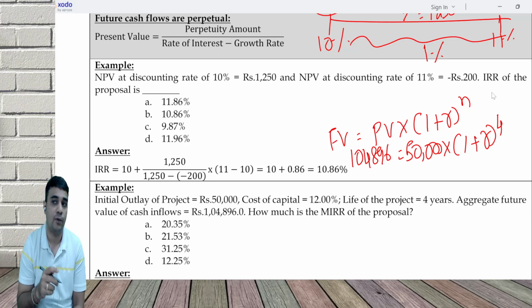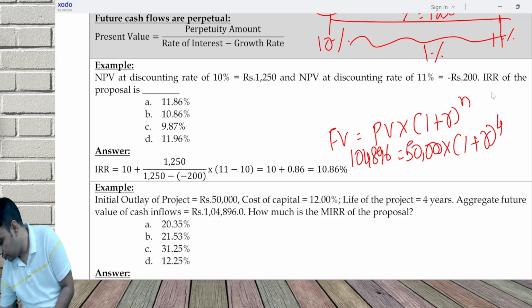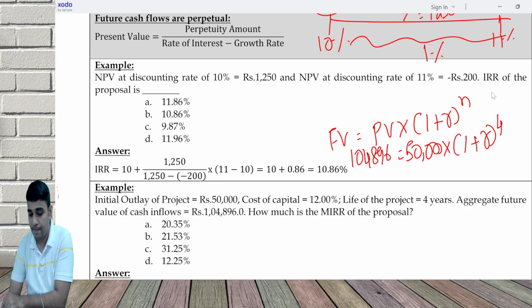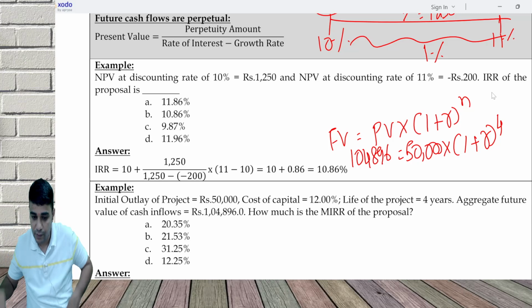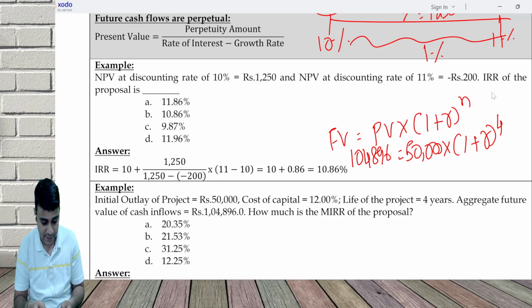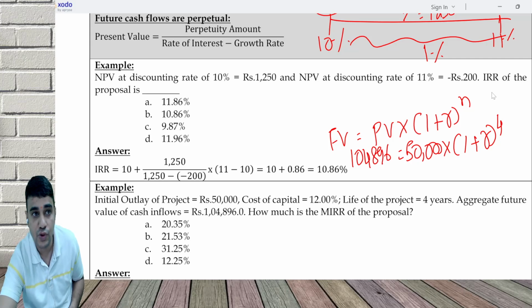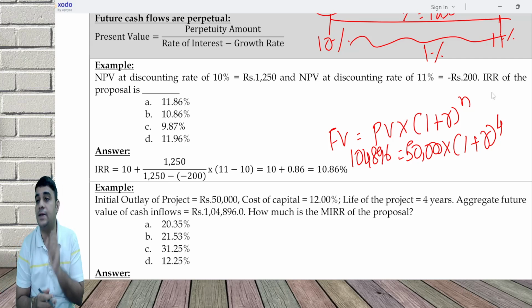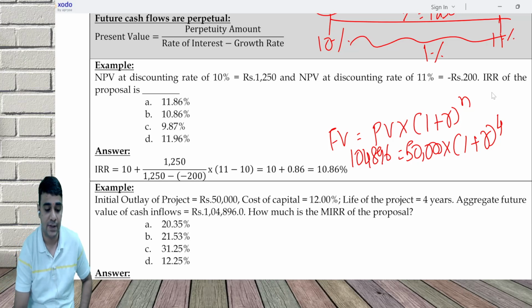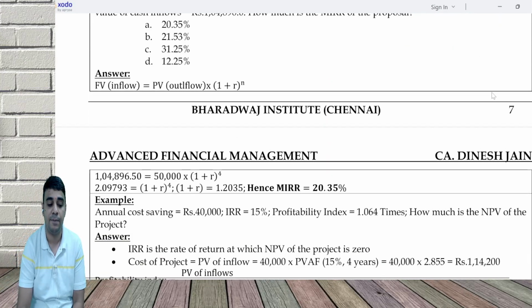Another square root will make it 1 plus R. Divide 104,896 by 50,000, take one square root, another square root, and it is 1.2035. So 1.2035 is equal to 1 plus R, and R is equal to 20.35%.